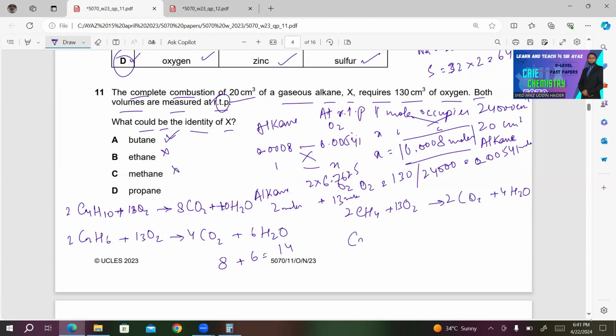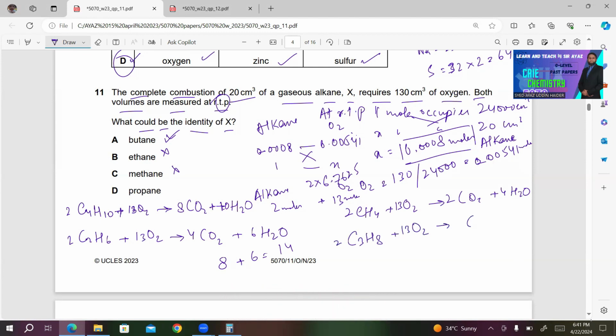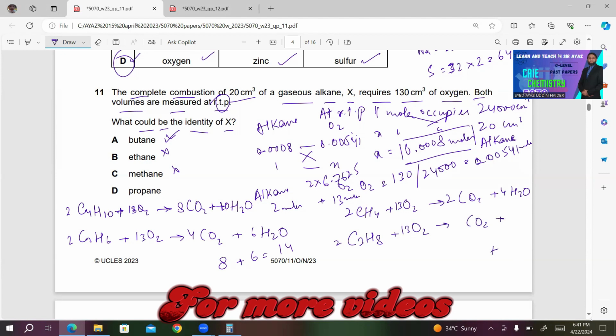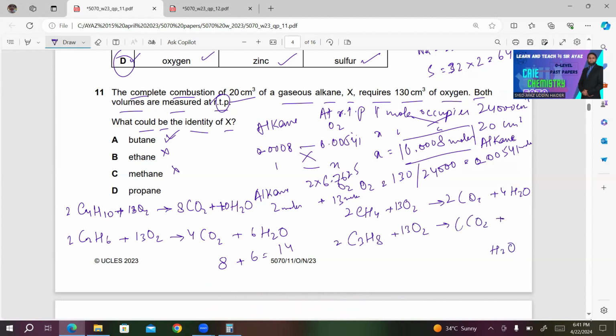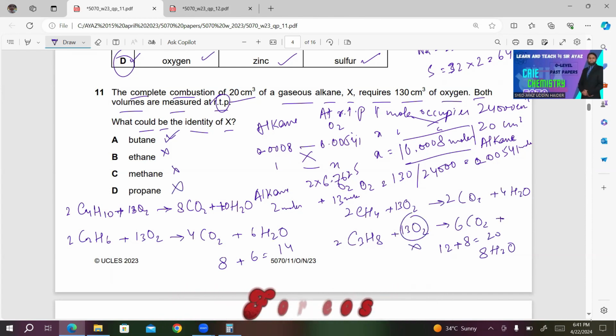Propane, C3H8 plus O2, 2, 13, CO2 plus H2O, carbon, 6 CO2, water, 8 H2O. Let's count oxygen. 6 2s are 12. 12 plus 8 gives 20. So this is also incorrect. So A must be the right answer for number 11.